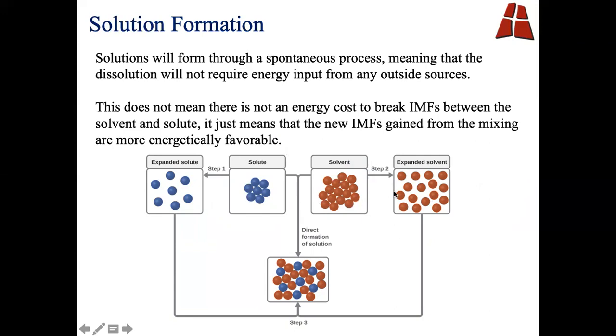Again, we have to break those intermolecular bonds. And the key here is that when they mix, when they form this homogeneous mixture, they must come together in a way that releases more energy through the new intermolecular interactions between the solvent molecules and the solute molecules. Okay, so that's how we end up with step 3.